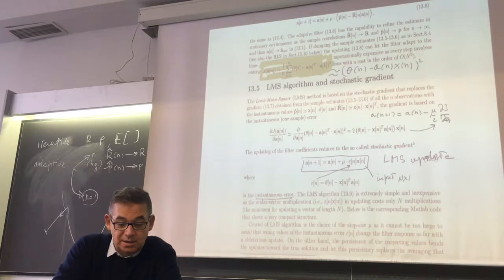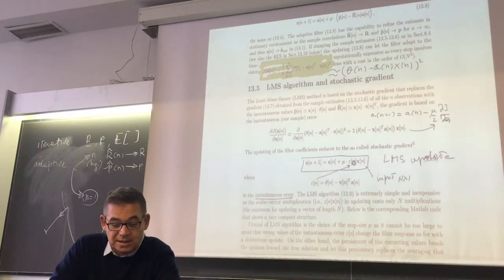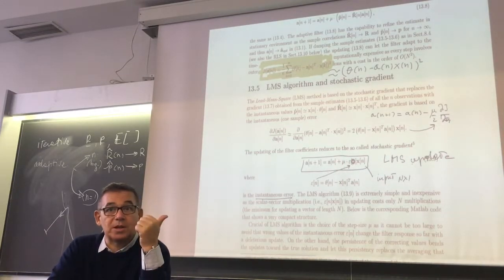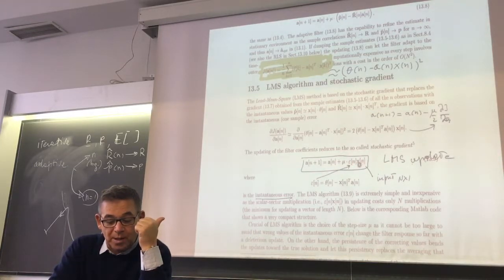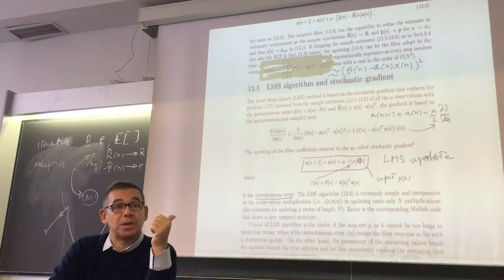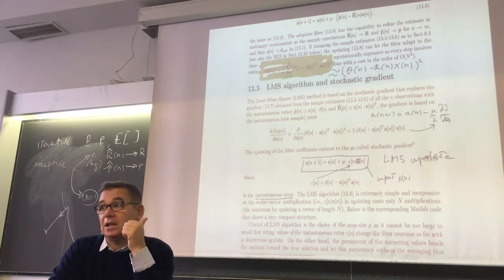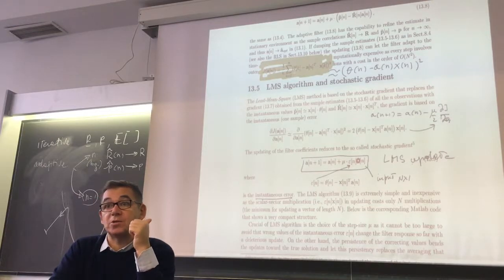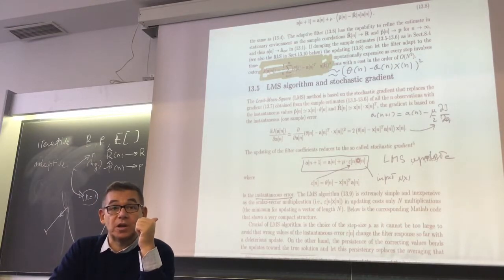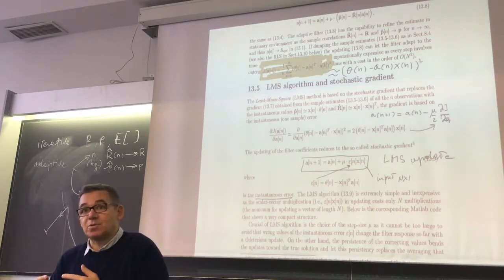Mu is a scalar, so a scalar times a scalar is one multiplication. Then this multiplication is multiplied by n numbers, so you have n plus 1 multiplications. The update costs n plus 1 multiplications per iteration. So every new sample, n plus 1 multiplications.